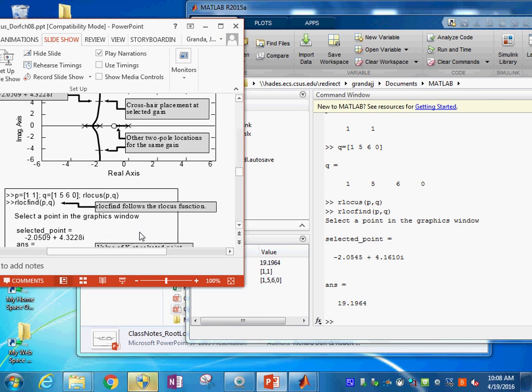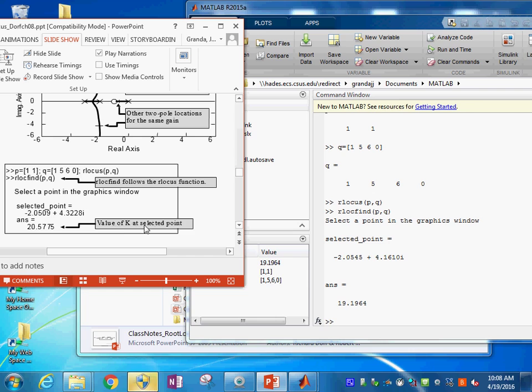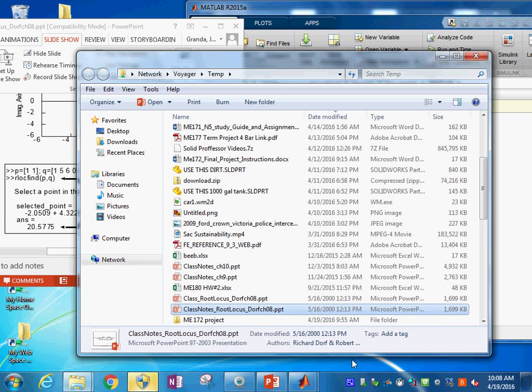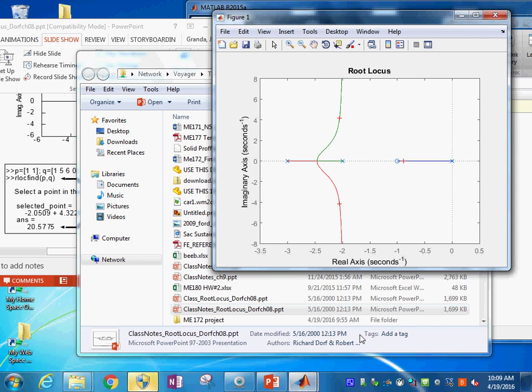See here, this is the value of k on the selected point right here. So it is a very nice tool. So you could actually do it in any other part of the plot.